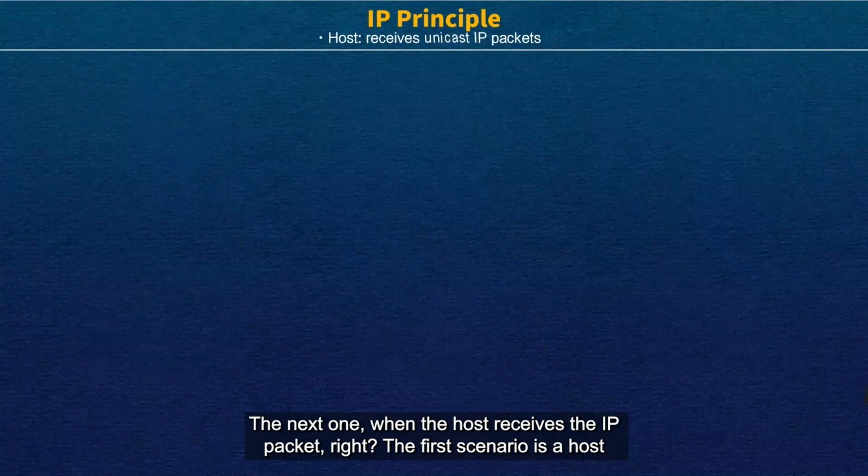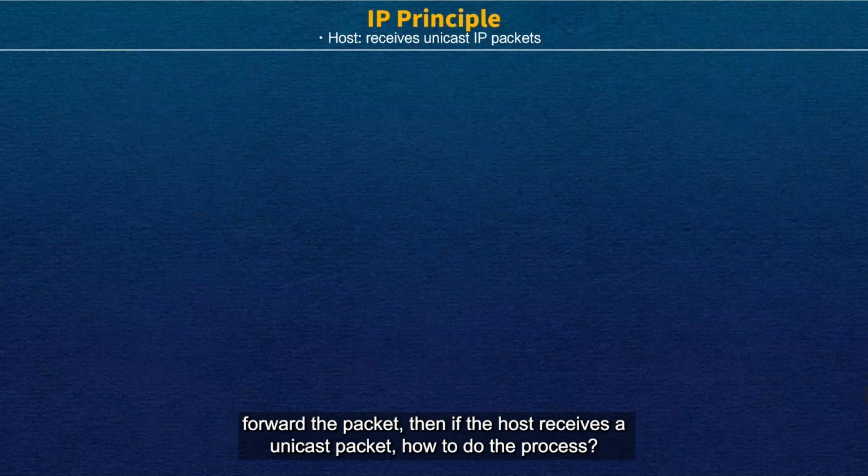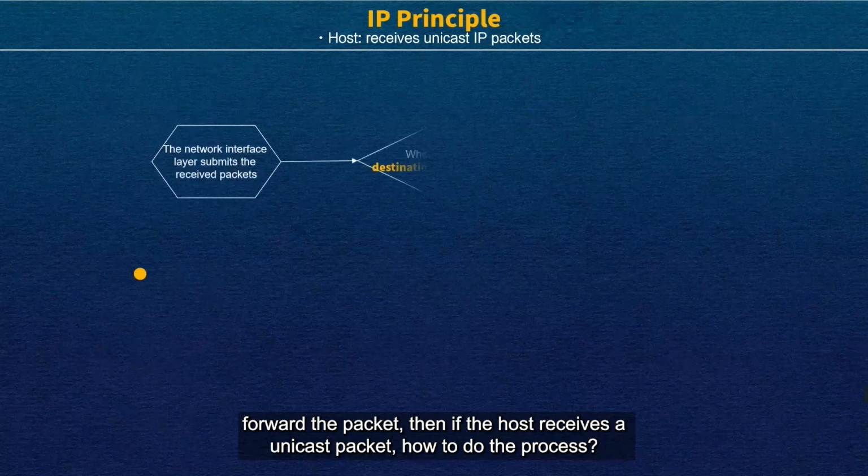The next one, when the host receives the IP packets, right? The first scenario is the host sends out the packets, and the intermediate router may directly deal with the packets or help forward them. Then if the host receives unicast packets, how to process?